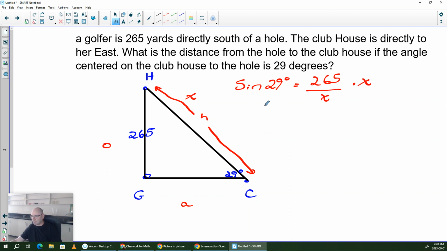Okay, so then we're going to multiply by x here. So x sine 29 equals 265. Okay, and then we're ending up with dividing by the sine of 29.